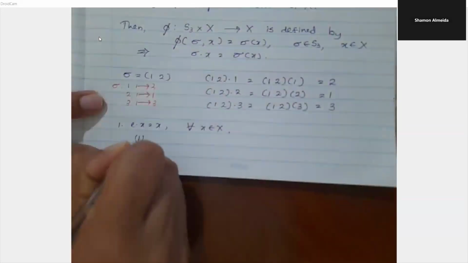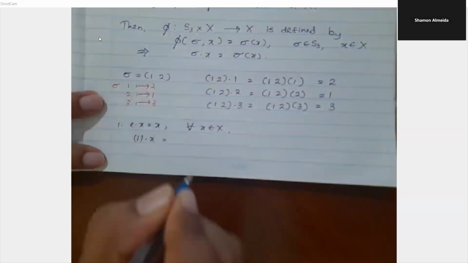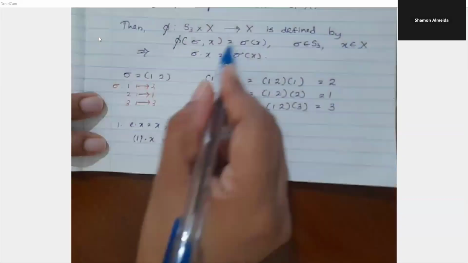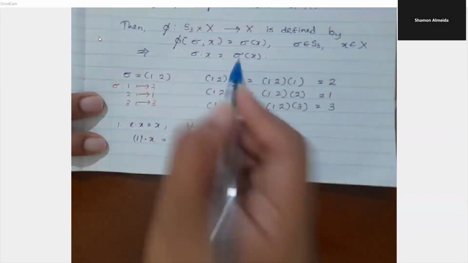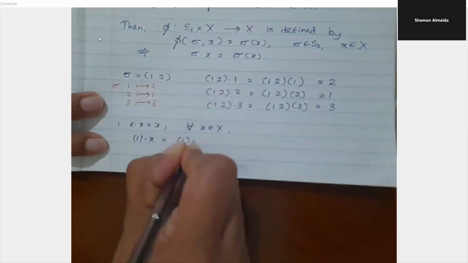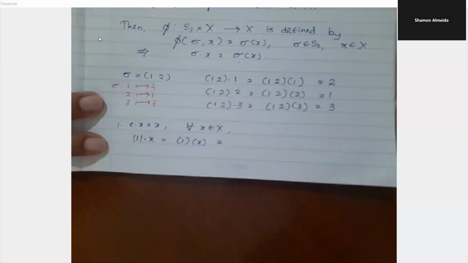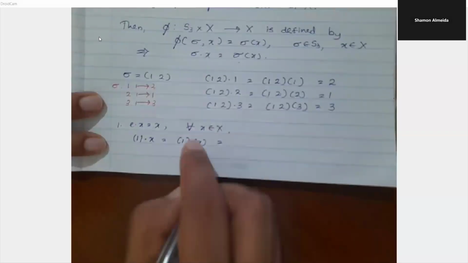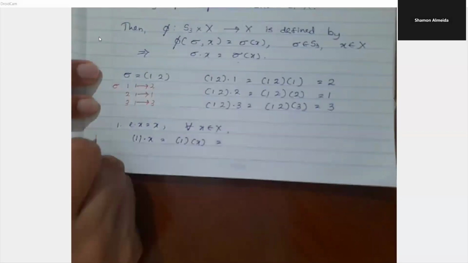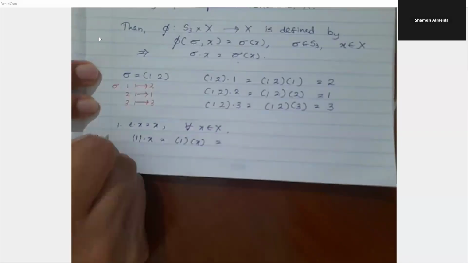So identity permutation dot x, by definition of the group action, is given by the identity function of x. What does this equal for any x? The identity mapping simply maps 1 to 1, 2 to 2, 3 to 3.